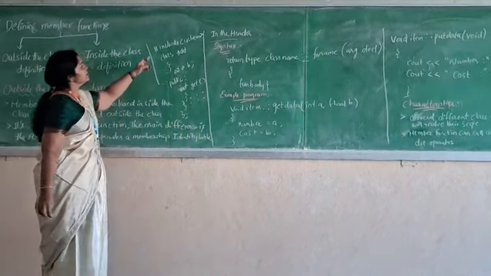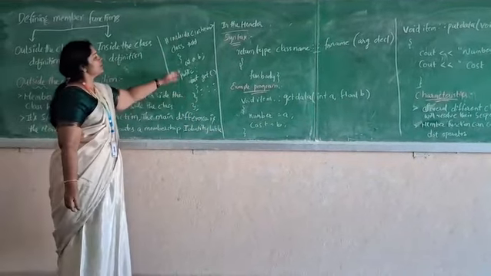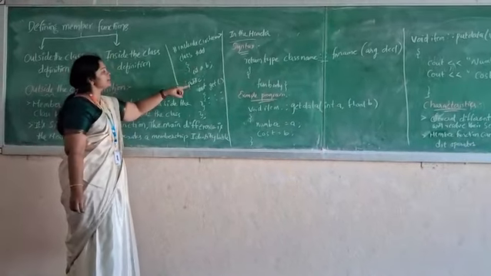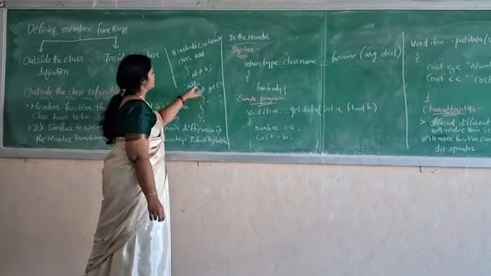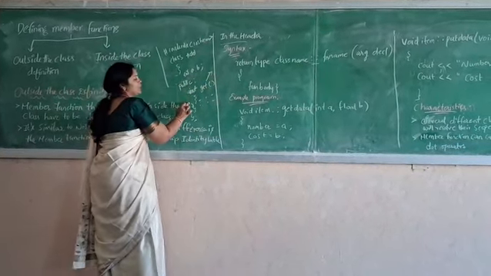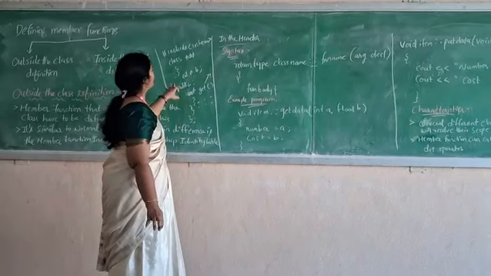We know that this is the simple syntax to define the class. Here these are the private access specifier and the member functions. We define the member functions in public only. This is the public member function.